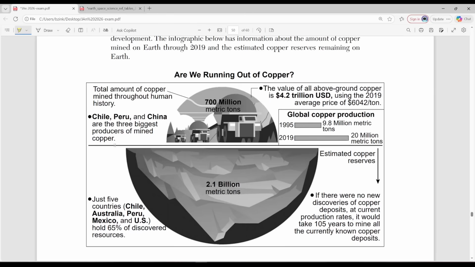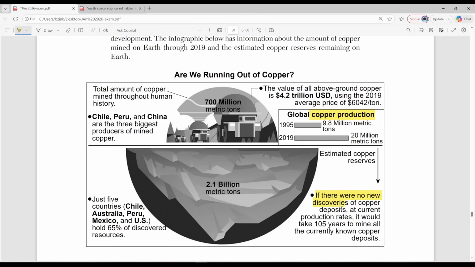Okay, let's just look. We're mining a lot of copper. The value of all above ground copper is 4.2 trillion, using the 2019 average price of $6,042 per ton. So we're mining more copper. We're producing more copper. 5 countries hold most of the resources.